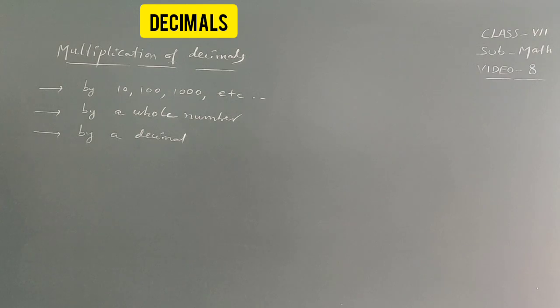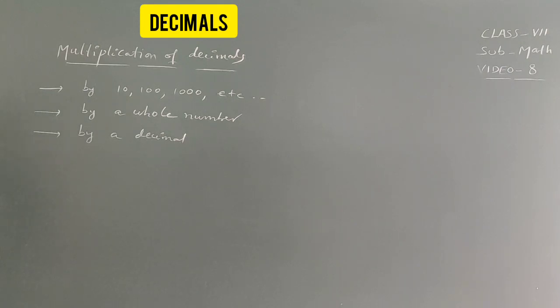Okay, multiplication involves three situations. First one, multiplication of a decimal by 10, 100, 1000, etc. Second one, multiplication of a decimal by a whole number. Third one, multiplication of a decimal by a decimal.